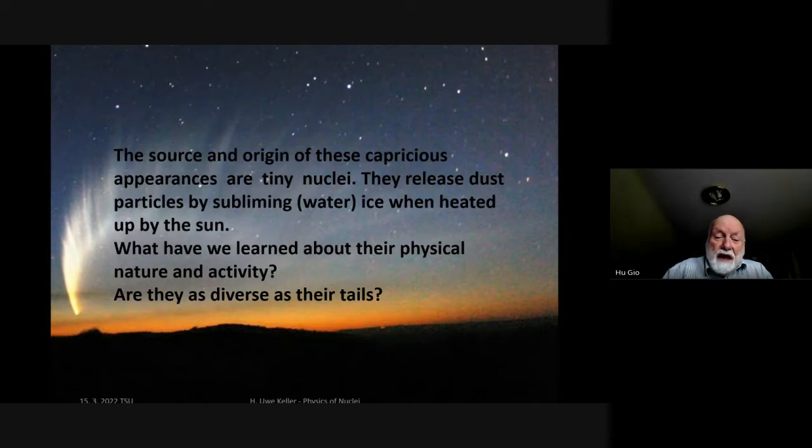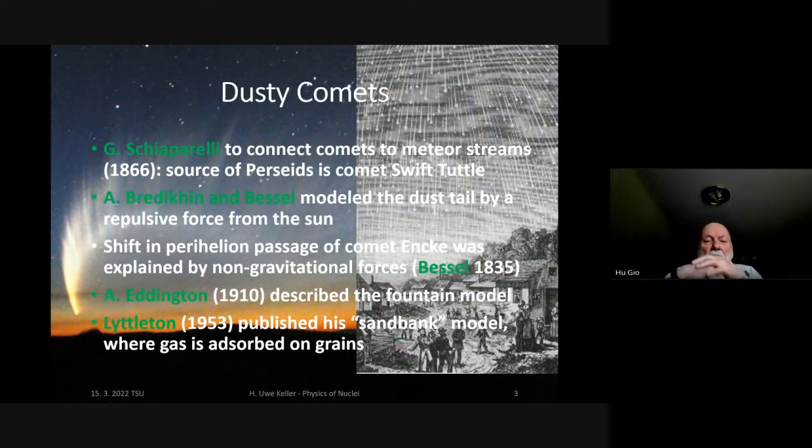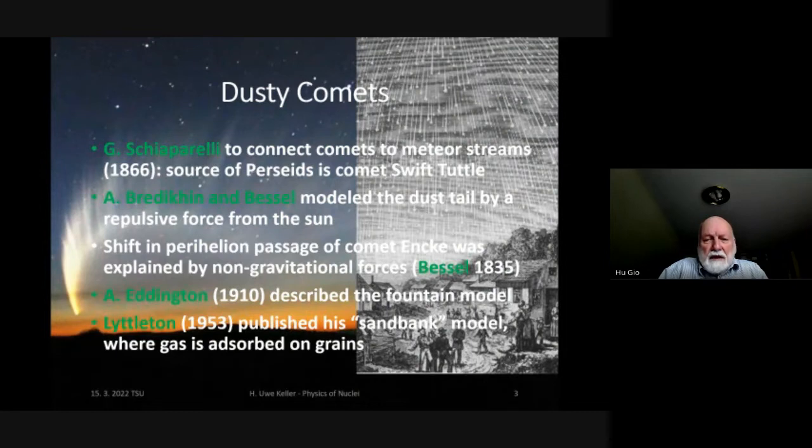So this very tiny nucleus produces this interesting and beautiful phenomenon on the night sky. So we, of course, were interested in what is the nature of this nucleus and what is the nature of comets itself.